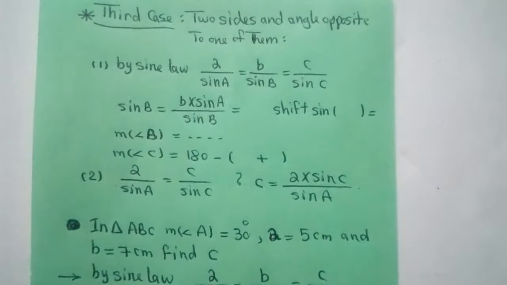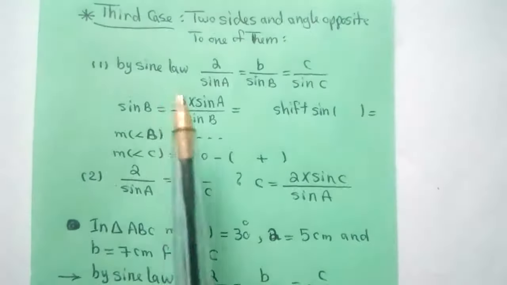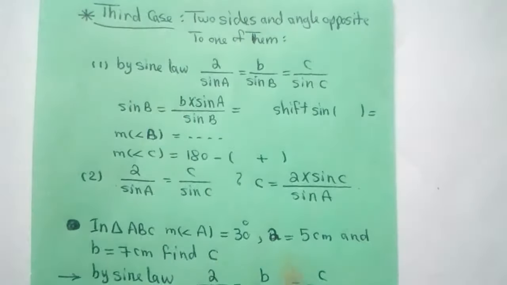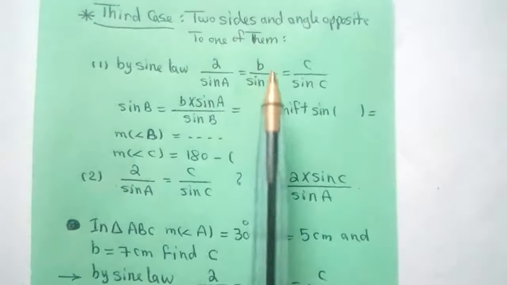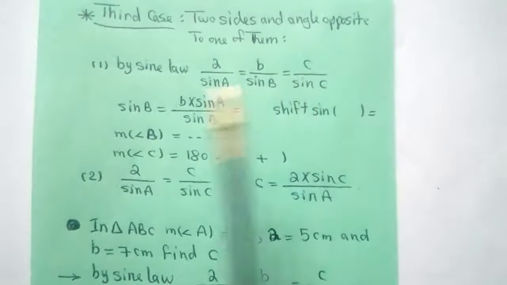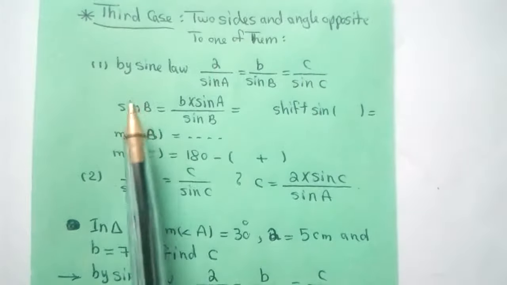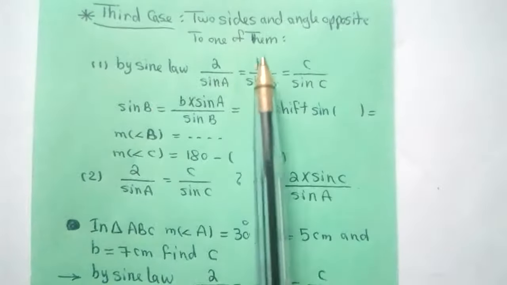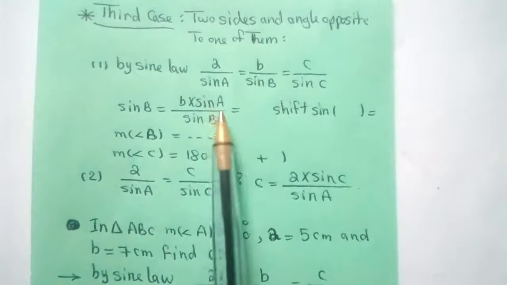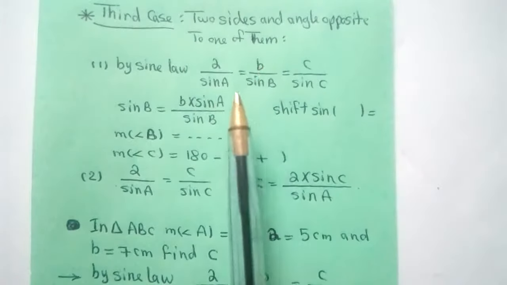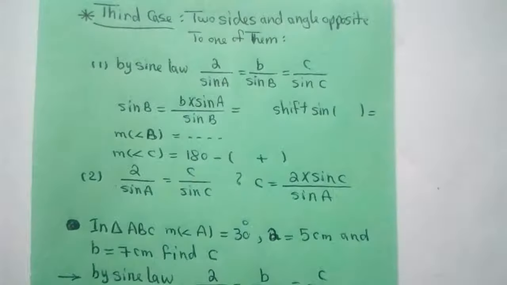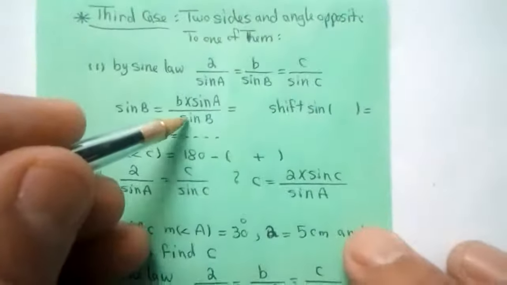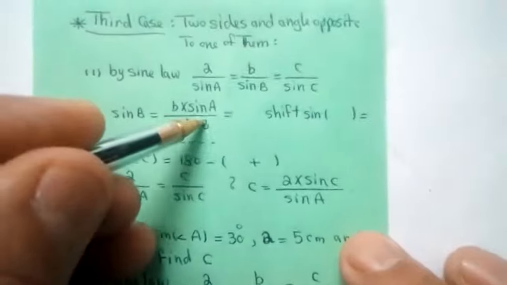If you give me a and b, you must give me the measure of angle A or angle B. First, by the sine law directly: a over sine A, b over sine B, c over sine C. Find sine A first by cross multiplication: b times sine A over a.